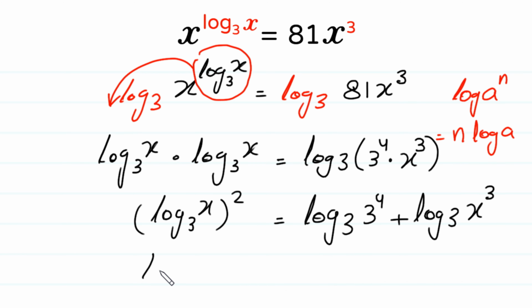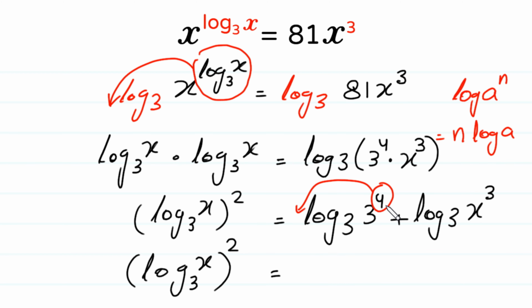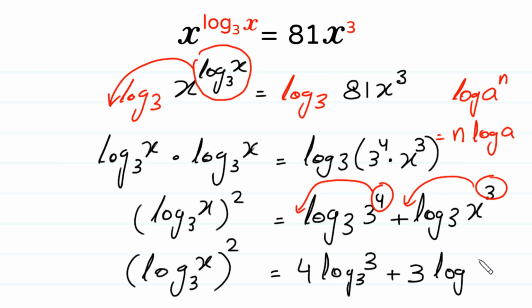Next, log of x to the base 3 squared is equal to, according to this rule, this power 4 comes here and this power 3 comes here. 4 times log of 3 to the base 3 plus 3 times log of x to the base 3.